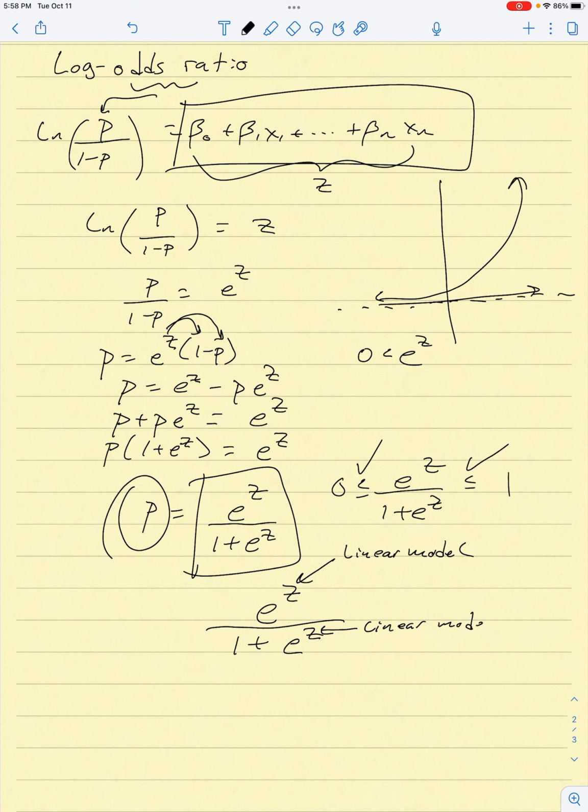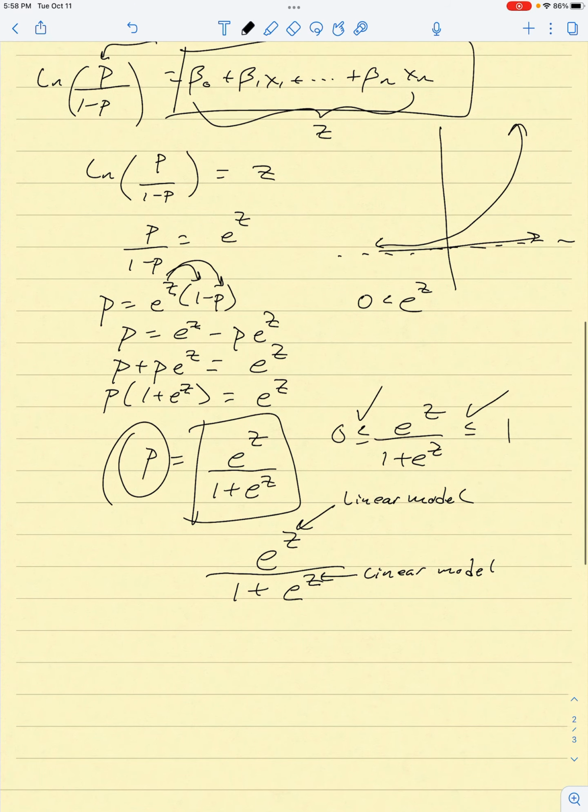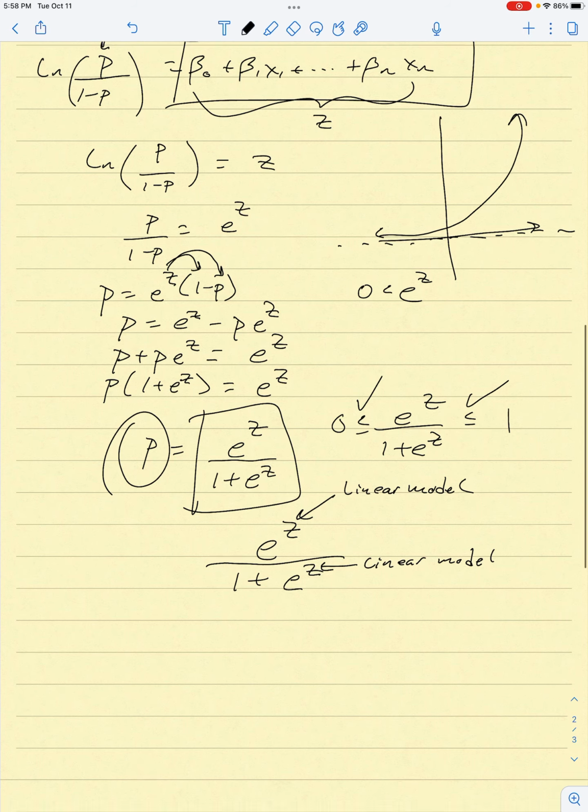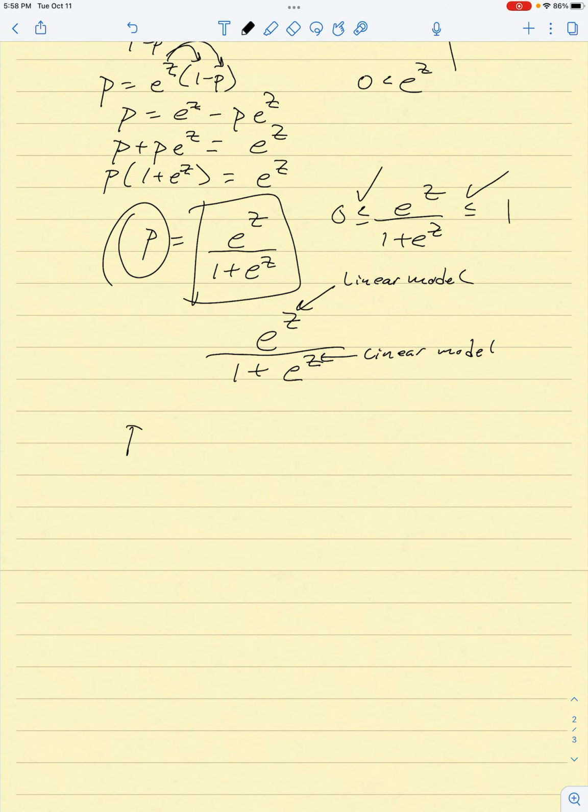And you can actually make this a little bit easier. Here we have to plug in the model in 2 places, but with a little bit of algebra, we can see that e to the z over 1 plus e to the z is the same as 1 over 1 plus e to the minus z. And if you want to see that worked out, we can, but it's not too terrible.